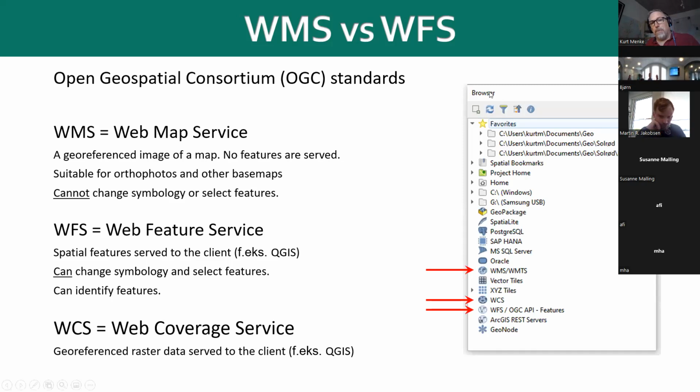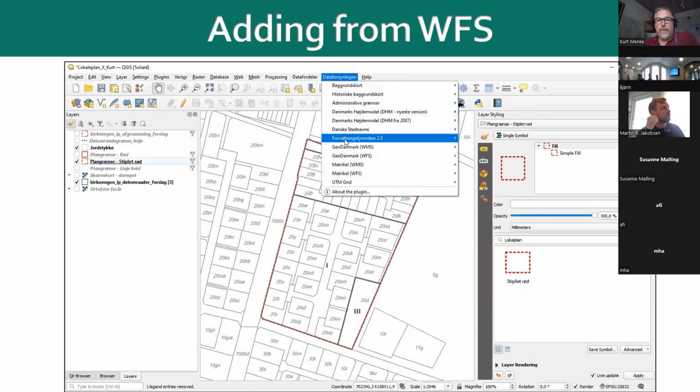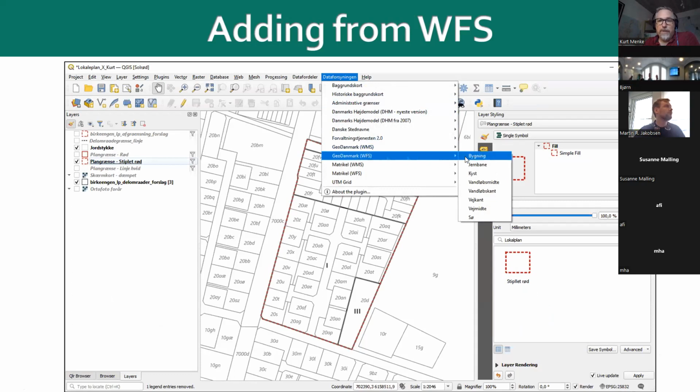If I look at the browser panel in QGIS, you'll see these sections in there too. But I'm probably just going to be using data Versuning, though there are also connections to these services in the browser panel. So adding from WFS, I simply go, in this case, to data Versuning, and I want to make sure I choose a service that's WFS, not WMS.